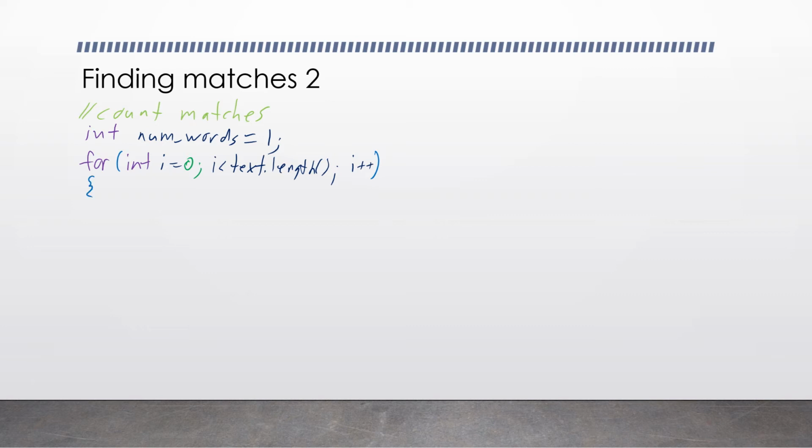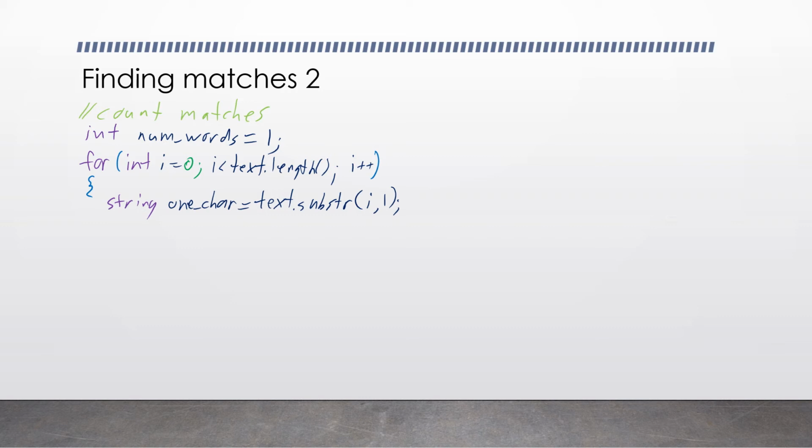So for each of these integers, we're going to create a string oneChar, okay, equals text dot substring, start at i, go one place.